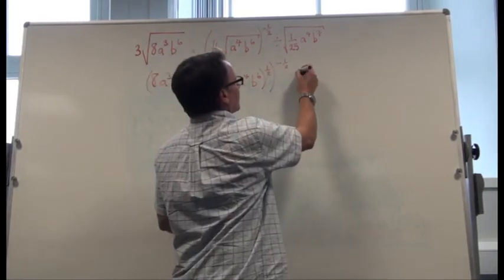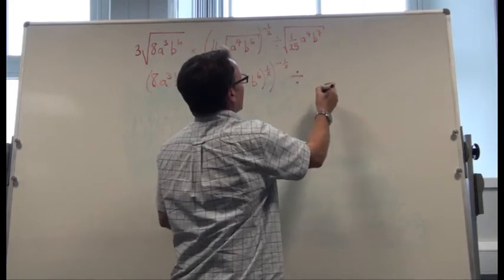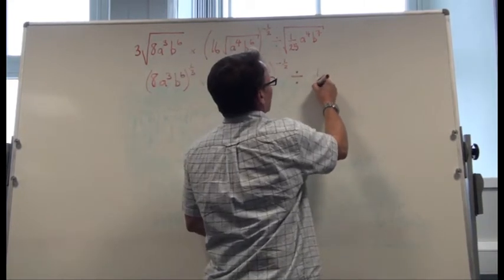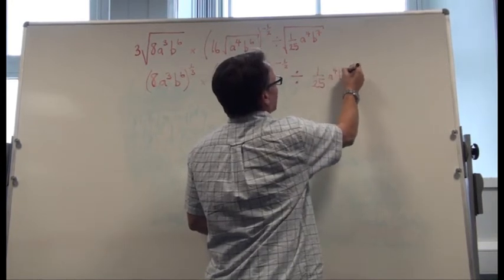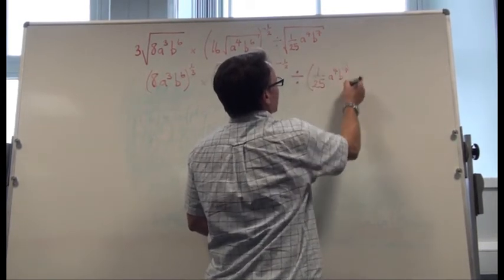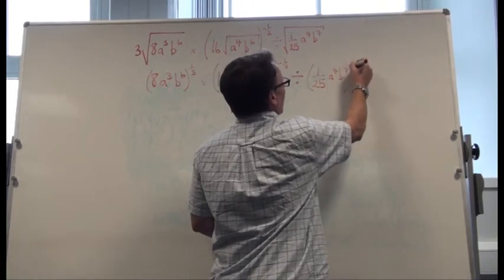And then finally we have divided by 1 over 25 a to the 4 b to the power 7, and that whole expression is raised to the power of half.